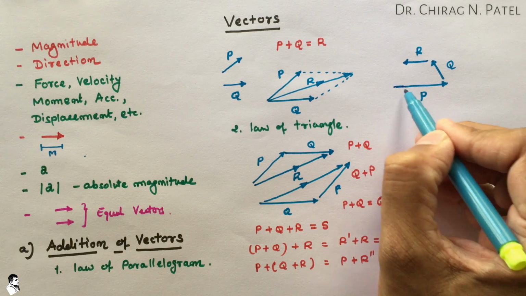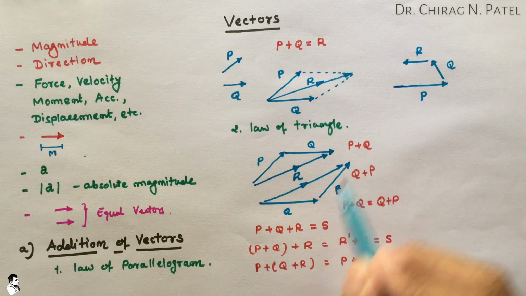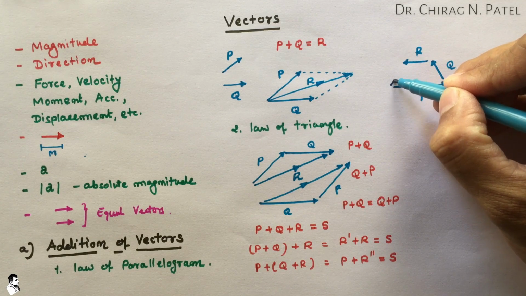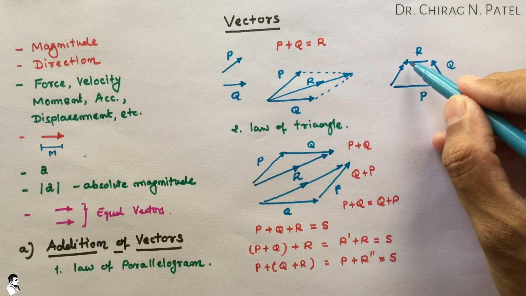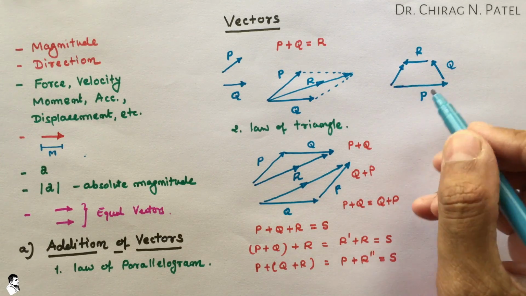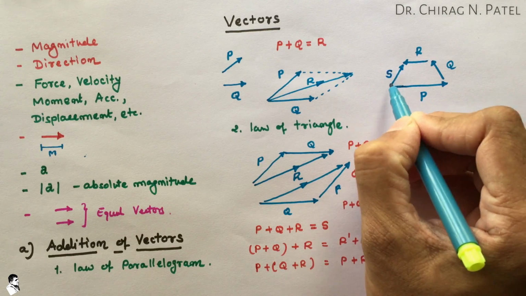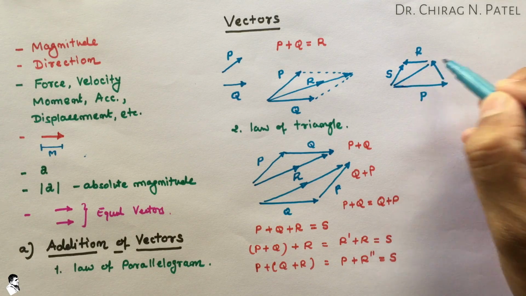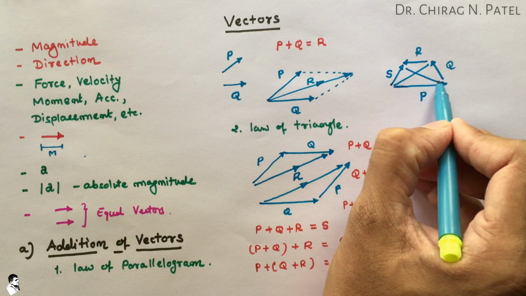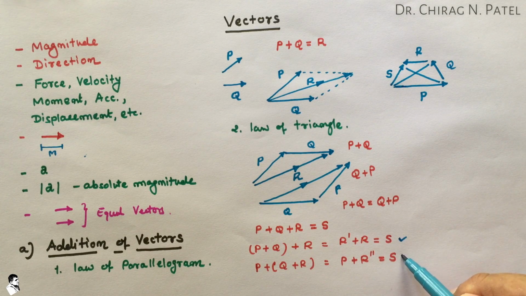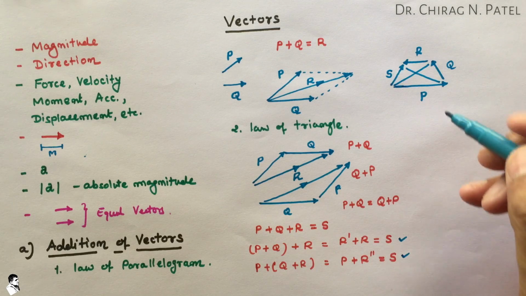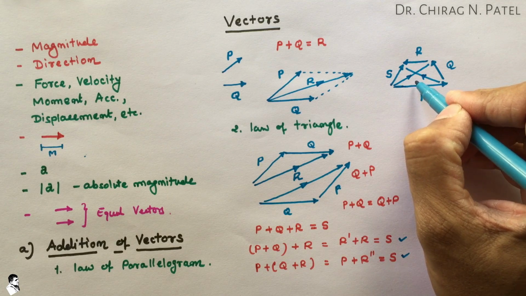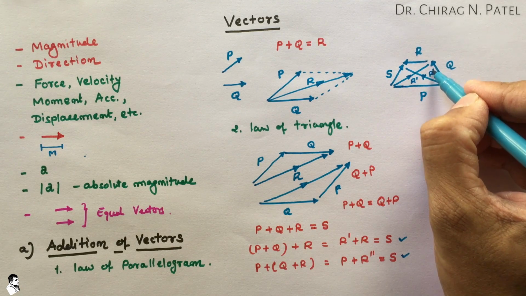P, Q and R are our basic vectors, and joining the tail of P and the head of the last vector gives the resultant vector S. Considering the alternatives, this vector as well as this vector are our R dash and R double dash.